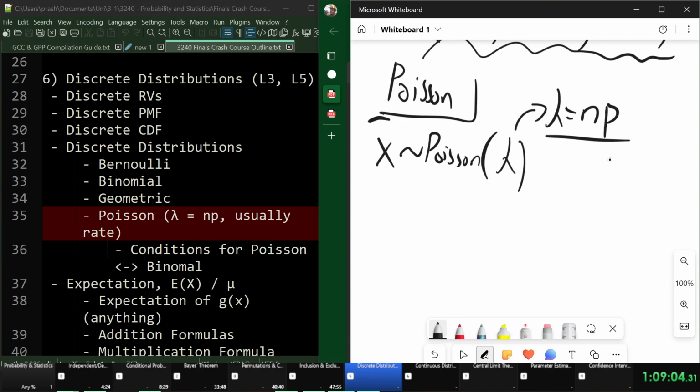Lambda equals np. You can usually think of this as the rate that something happens, because given a certain number of trials, it occurred so many times. So if an event happened 3 times per 100 trials, lambda would probably be 3 over 100, which is 0.03, because lambda tends to represent the rate that something happens.